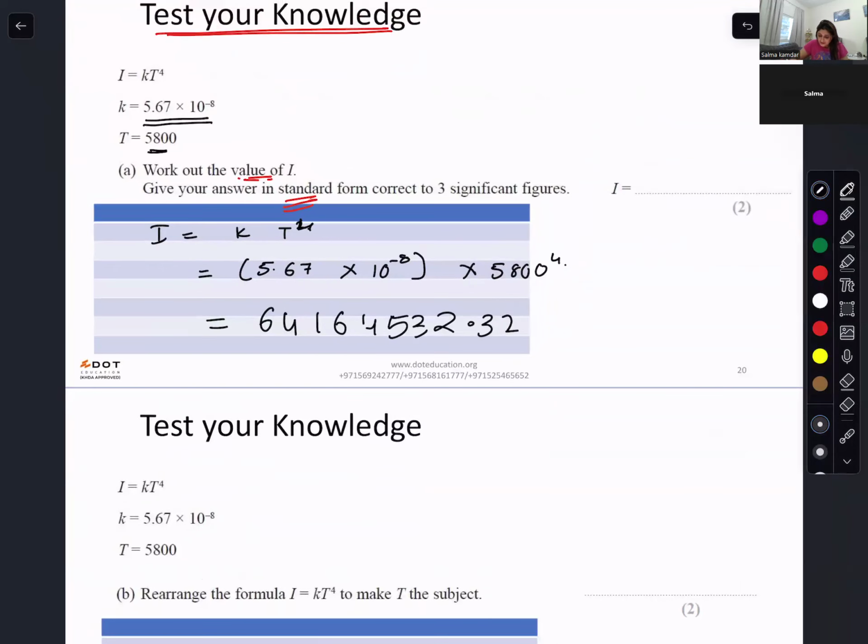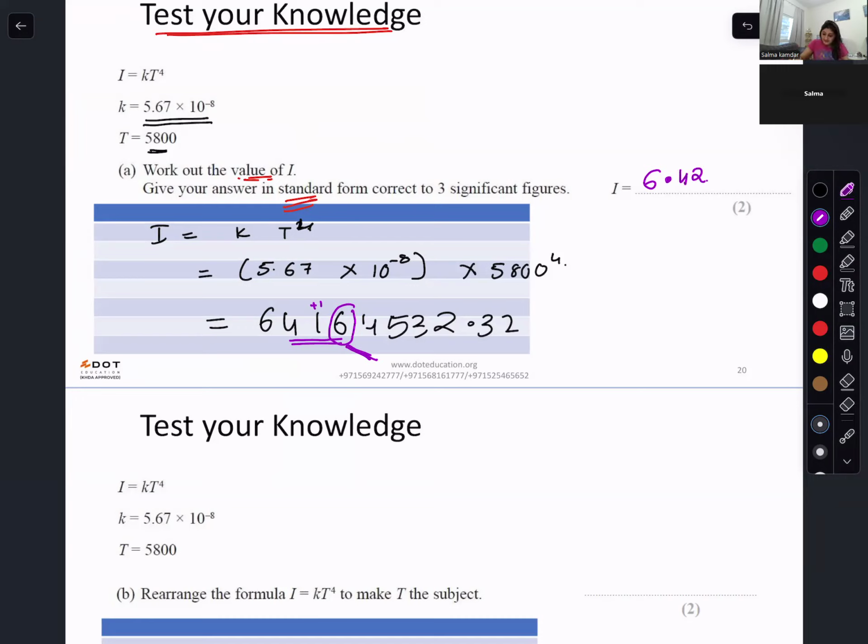How do I put this in the standard form? I will take one value, I will put a point, and I will take these three numbers. Okay? If the next number is more than 5, that means it is 6, I will add 1 to the number before it. So this will become 6.42.